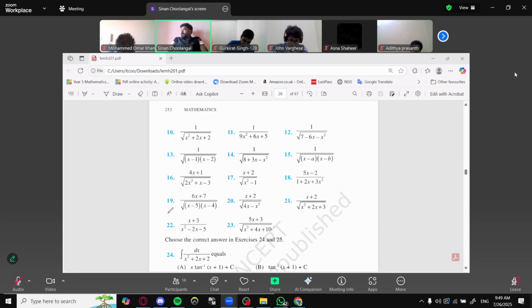Take the denominator, apply the first step. Before that, check whether the derivative concept is matching or not. No, it's not matching. So apply the procedure.